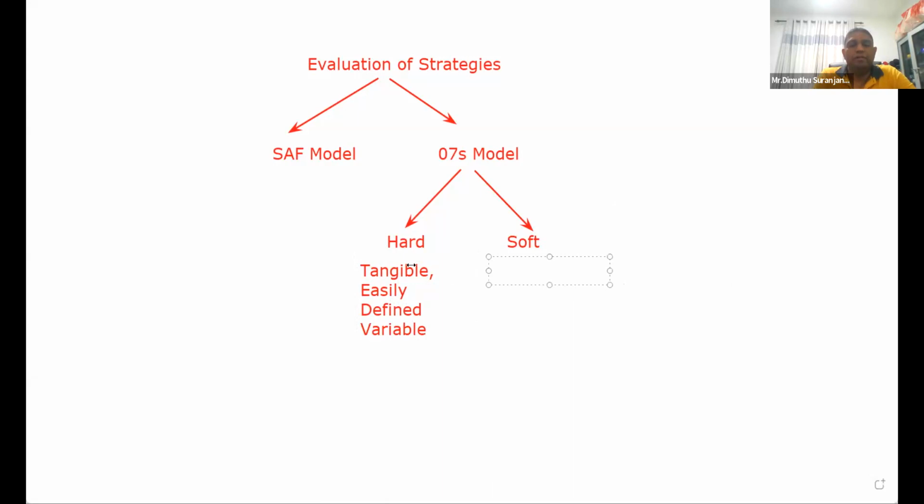Tangible, easily defined here. These are more intangible in nature, difficult to identify and define.